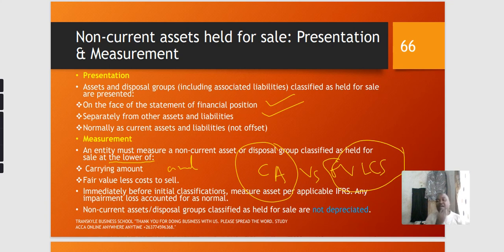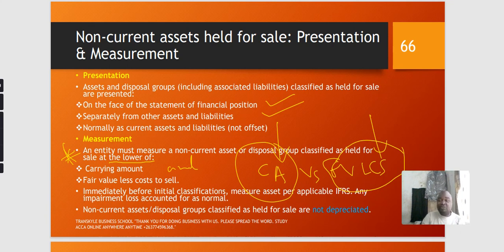The standard helps us arrive at the carrying amount according to the records, and then we move on to the fair value. If the carrying amount is lower than the fair value less cost to sell, we recognize the asset at the carrying amount. But if the carrying amount is higher than the fair value less cost to sell, then we need to uphold the fair value less cost to sell. That's what this standard is saying.